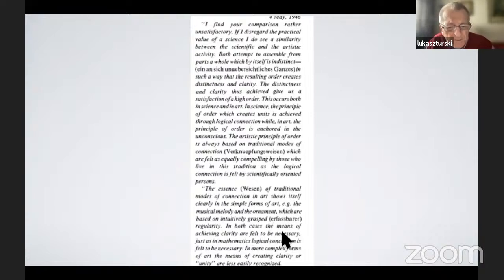In both cases, the means of achieving clarity are felt to be necessary, just as in mathematics, logical conclusion is felt to be necessary. In more complex forms of art, the means of granting clarity or unity, now the unity is in quotation marks, are less easily recognized."